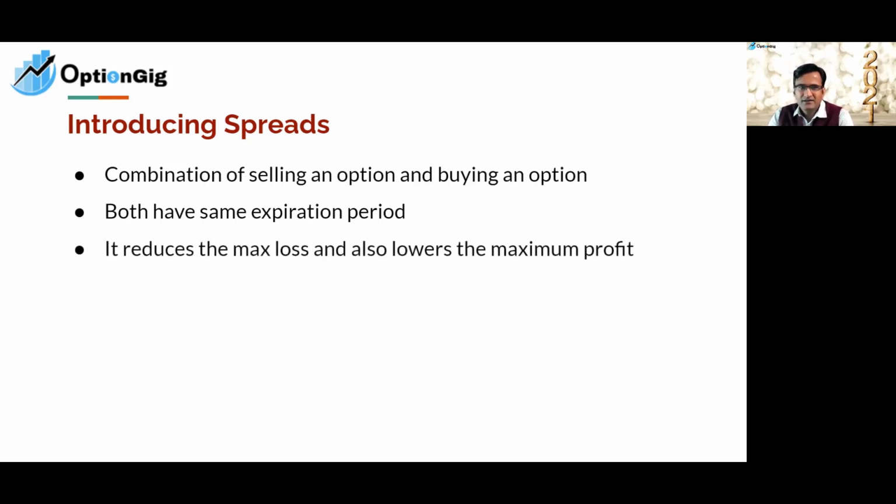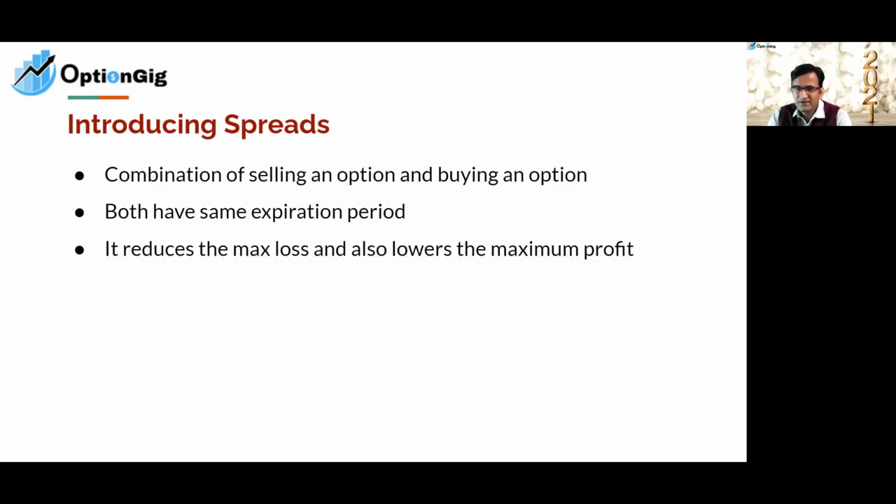The reason is, and we'll look into more examples of it, that spreads reduce the maximum loss, but there is always a trade-off. It also lowers your maximum profit. So in this case, if you want to play in Amazon, you would be able to play in Amazon, but you would not be able to make as much money as someone who has done a naked put.